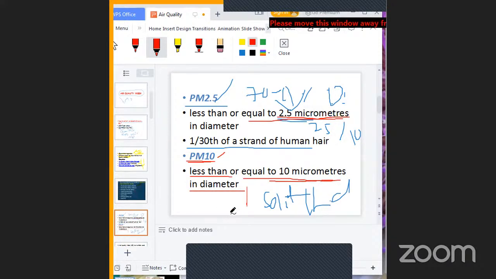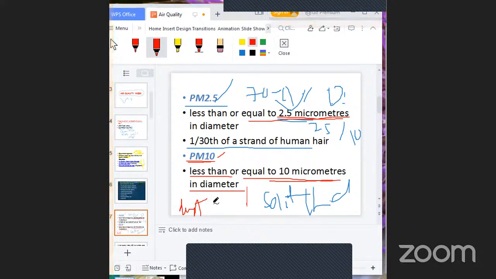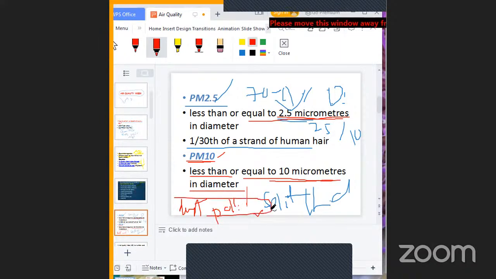For example, PM10 includes dust. Dust is very small, right? We can't see the dust particles. Also some pollens, and mold. These are some examples.